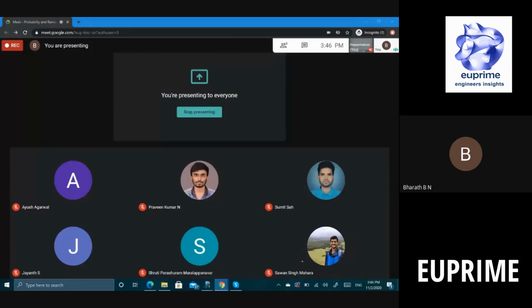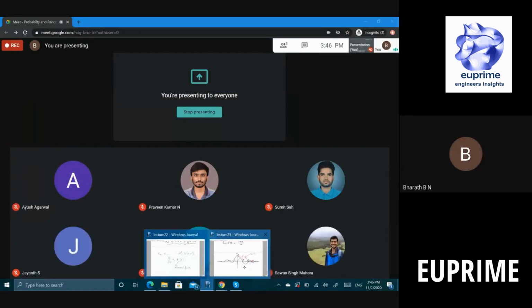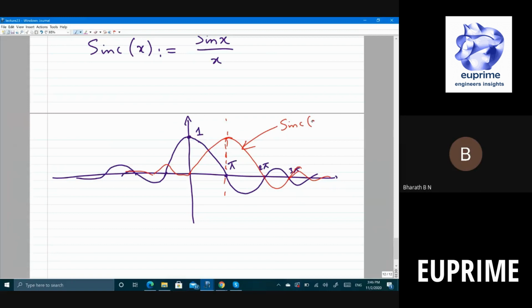Hey, signal processing guys, you should be able to say: sinc of x minus pi. Is that correct, Ayush? Yes, sir, correct. So this is sinc x minus pi.